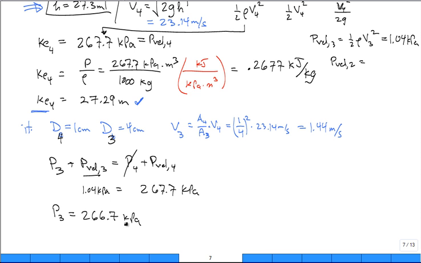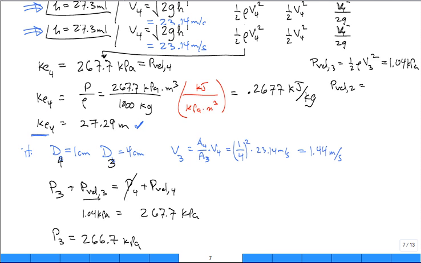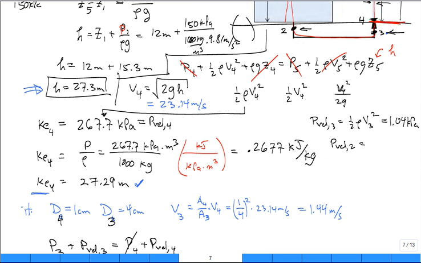Make sense? If I put a pressure tap right in here, and I put a little pressure gauge right there, what will the pressure read? 266 or 267 kPa. If I put a pressure tap right here and I put a gauge on it, what will it read? Same. Okay.